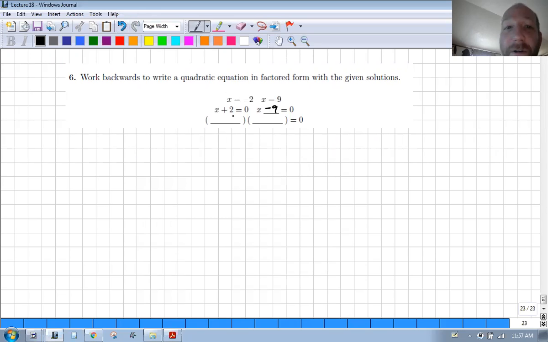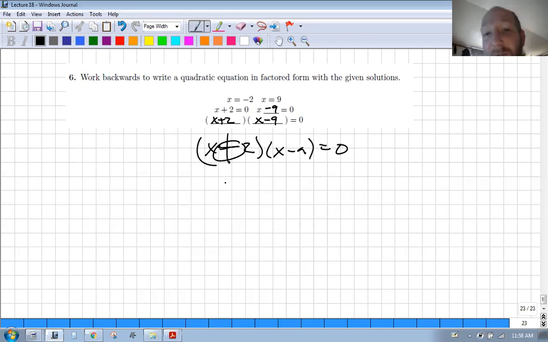So either you have x plus 2 equals 0 or x minus 9 equals 0, which is what I said before. You just do x minus each of your solutions. So this is x plus 2 times x minus 9.